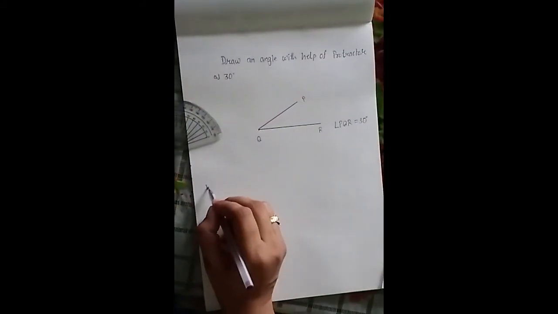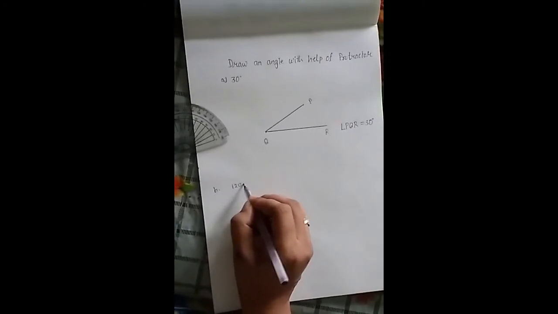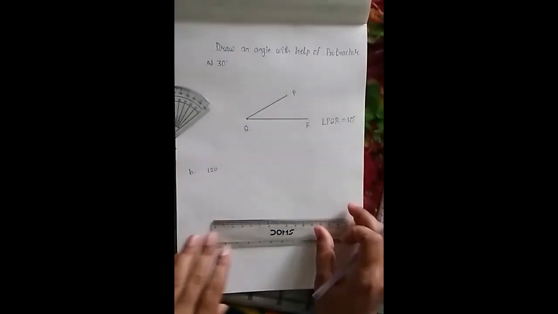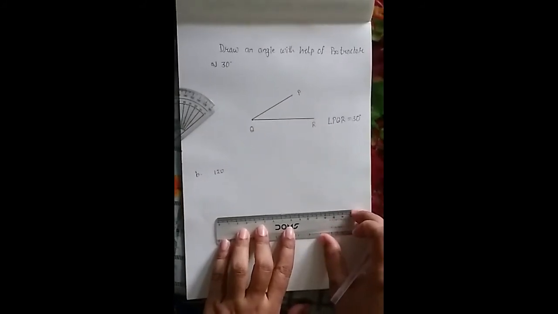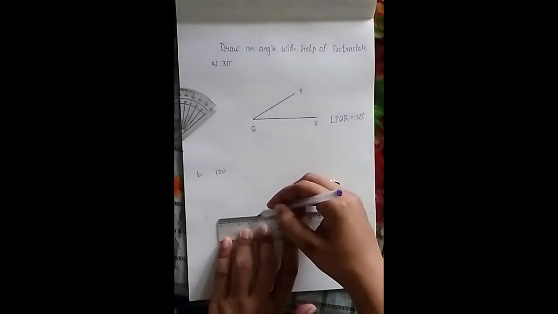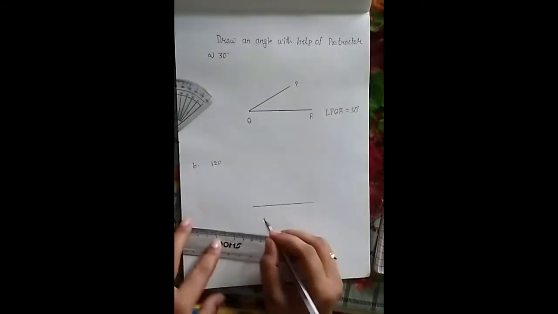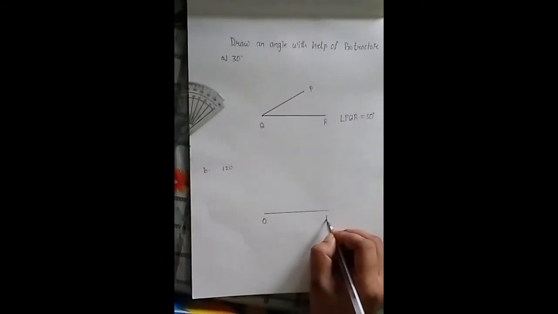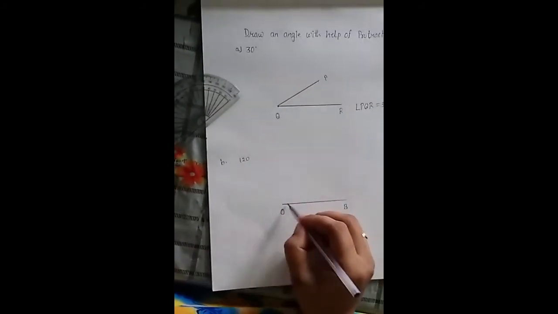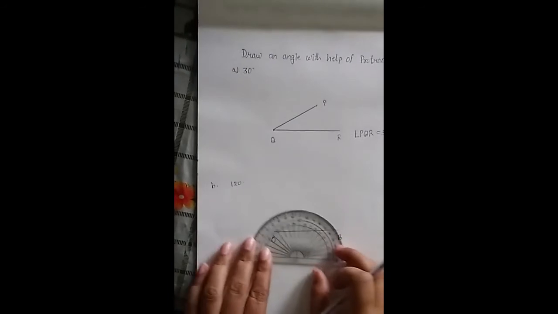Next angle is 120°. In the same way, draw a straight line OB. O is a common point for the angle.